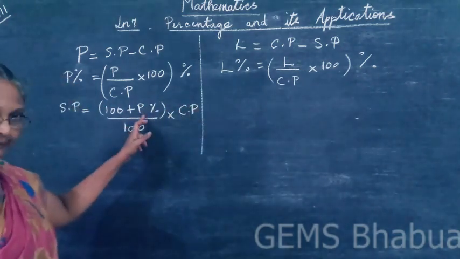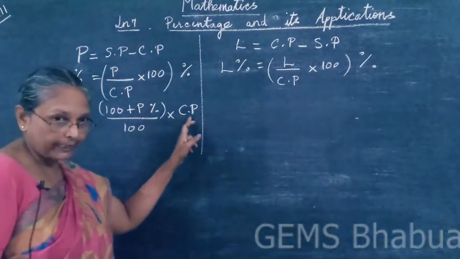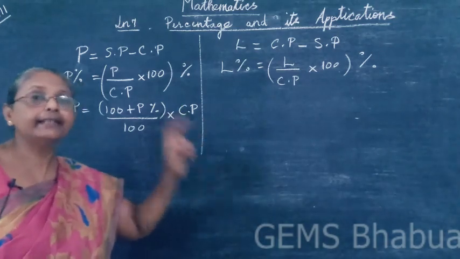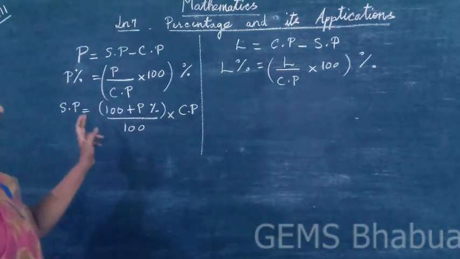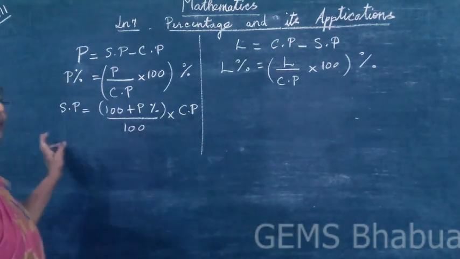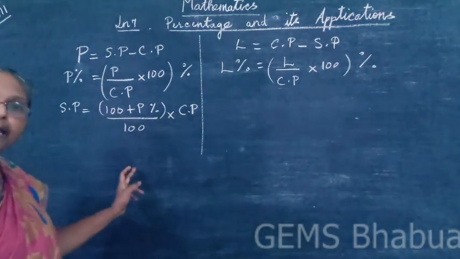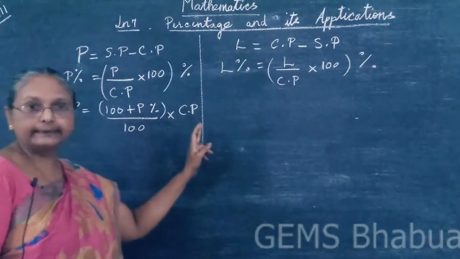The formula is SP is equal to (100 plus profit percentage) by 100 into CP.